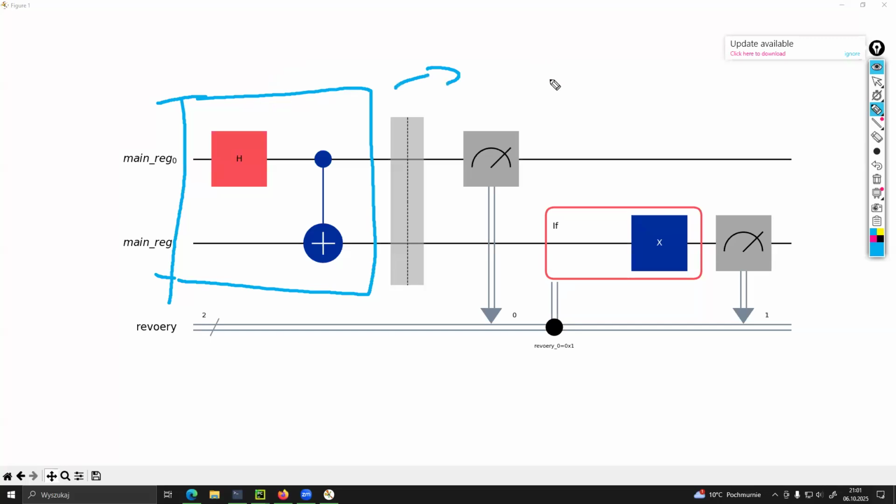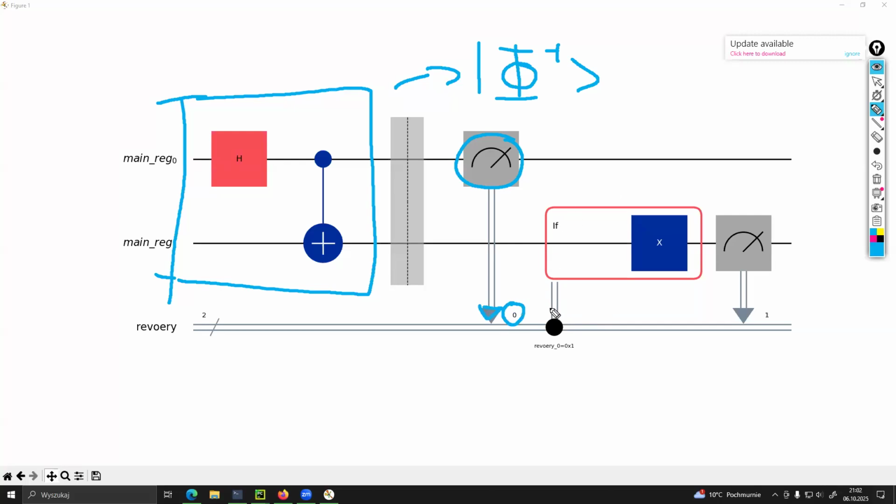So this state will prepare exactly our phi plus Bell state. But here we measure the first bit, and then we measure this into the 0.